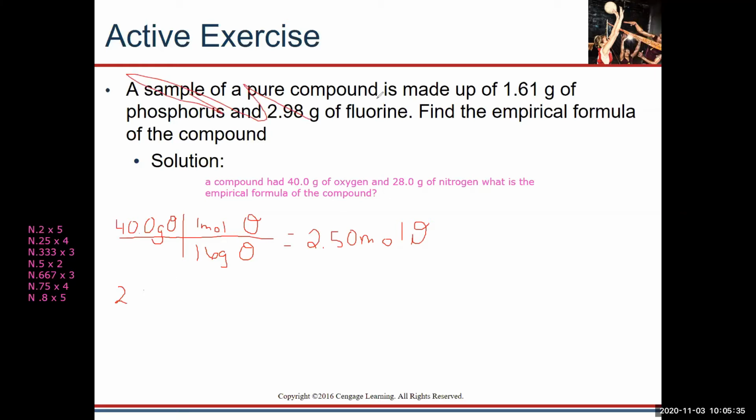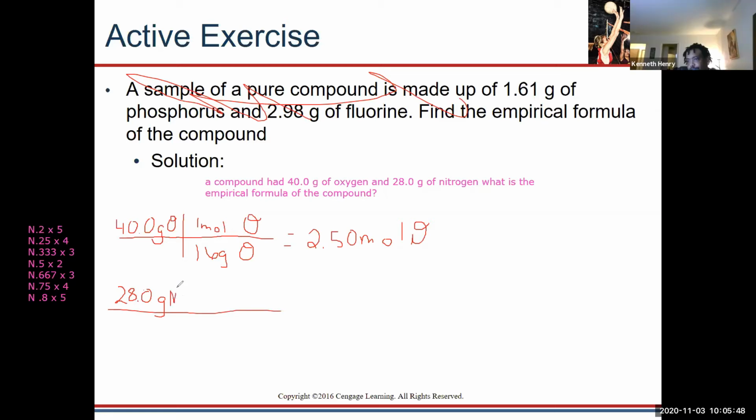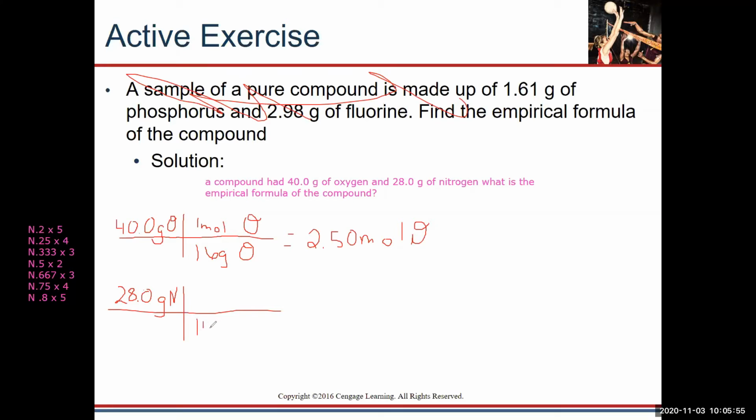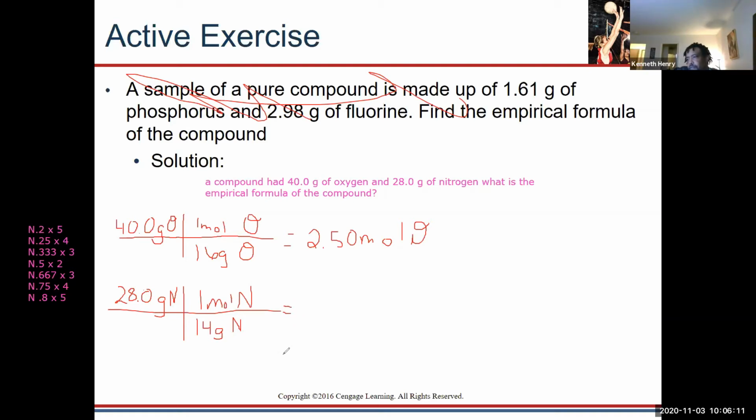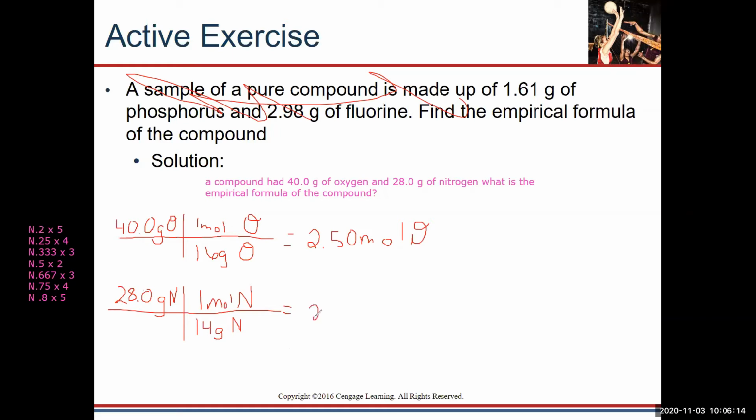Nitrogen. Okay, 14 over 14, equals 2. Okay, the next step.